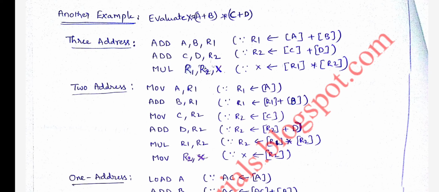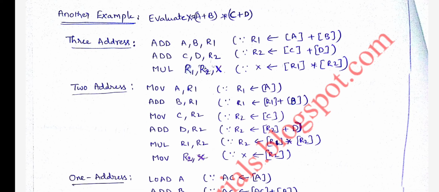Next, MOV C, R2. It means the content of C is moved to register R2. Next, ADD D, R2, so R2 contains C plus D. After completion of the first add, the register R1 contains A plus B, and after completion of the second add instruction, the register R2 contains C plus D.